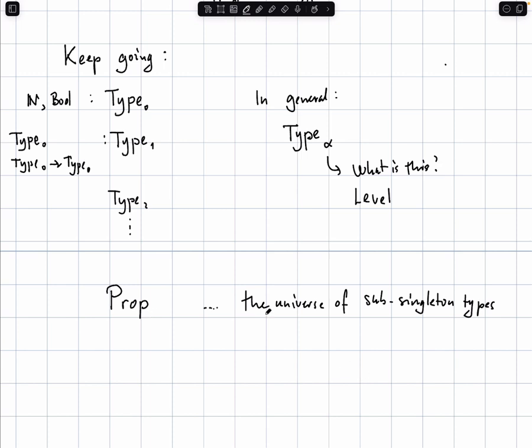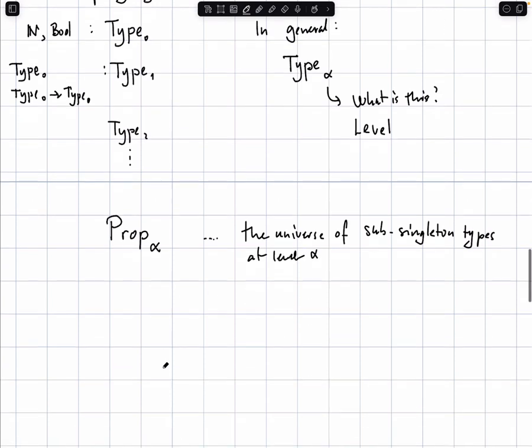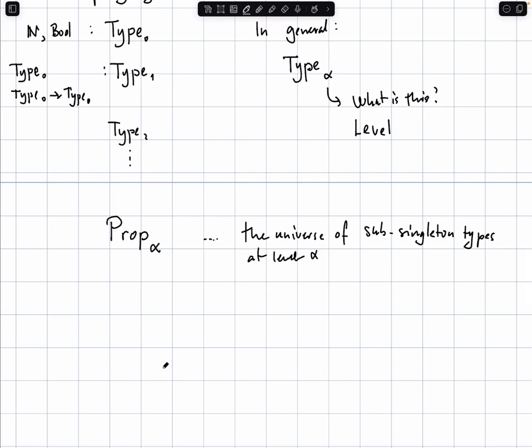Now, you should raise your hand and say, don't we have some sub-singletons at level 0, and we have sub-singletons at level 1, and then we have sub-singletons at level 2? Yes. So really, it should be Prop sub alpha, and say the universe of sub-singleton types at level alpha, and homotopy type theory does this. Because we are doing set theory, we're not going to do this. We're going to do something a lot simpler.